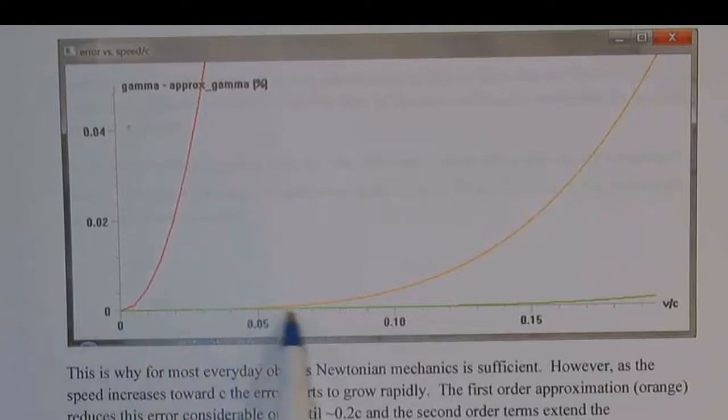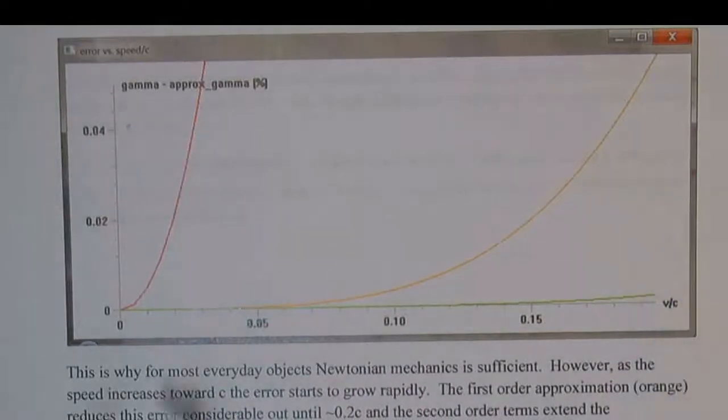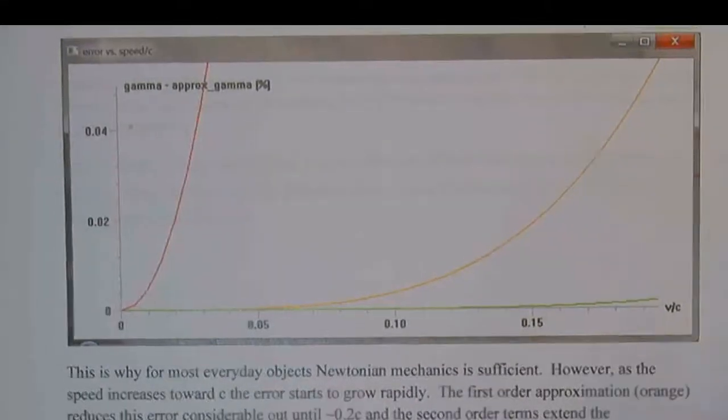And the second order expansion does better, and the third order expansion does better than that yet. So depending on how accurately you need your result to be tells you how far you can live with the Newtonian value versus having to go to better approximations for the relativistic calculation.